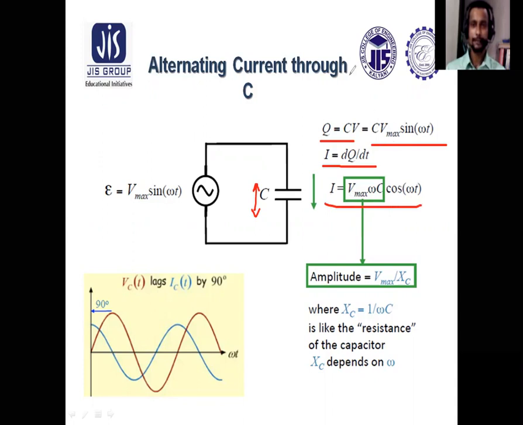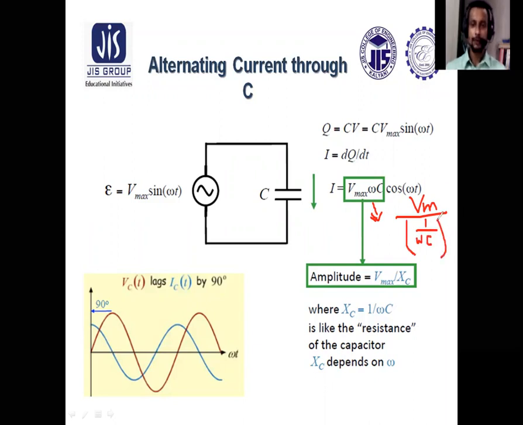Okay. Now, what is this omega C? This part can be written as Vmax divided by 1 by omega C. Isn't it?